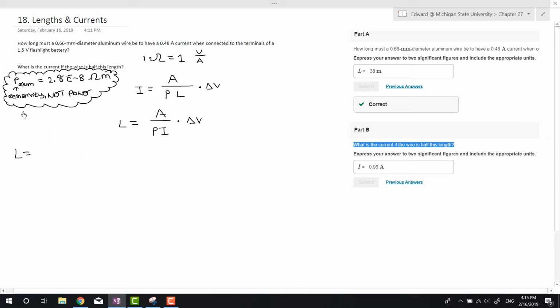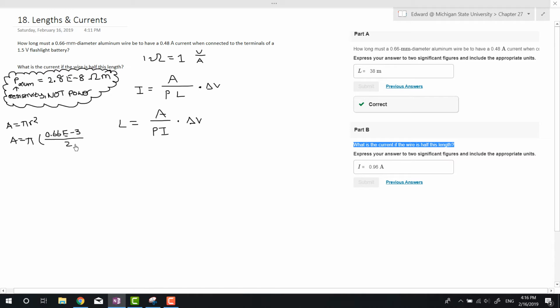Let's do the area first. Area is just going to equal pi r squared. We're given a diameter of 0.66 millimeters. They'll never give it to us in meters, so we're just going to convert for them, times 10 to the minus 3.